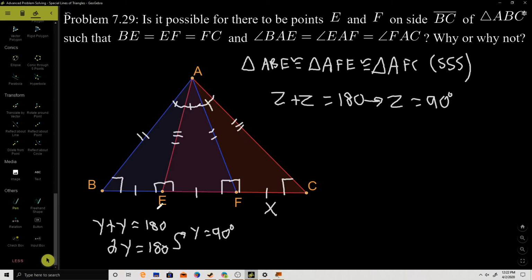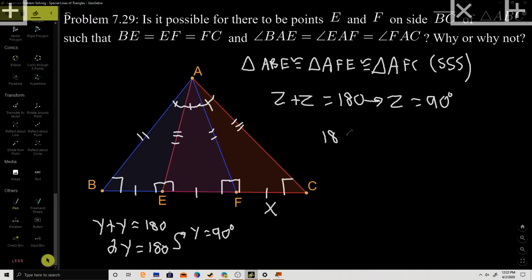Now this is a very weird situation because let's just take triangle ABC, right? Triangle ABC, all the angles have to add up to 180.